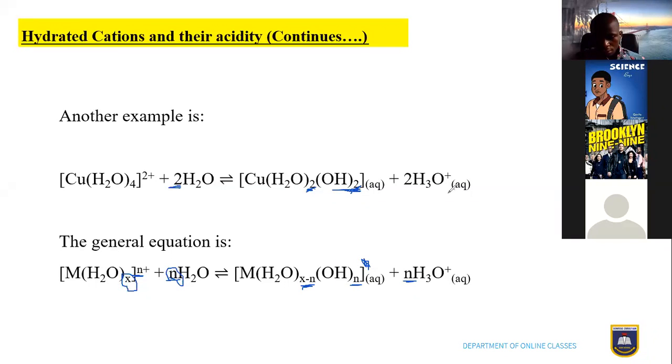Then it will give us magnesium into bracket H2O subscript 4 into bracket OH subscript 2, in aqueous solution, plus 2 moles of H3O plus aqueous. All right, I hear you loud and clear.